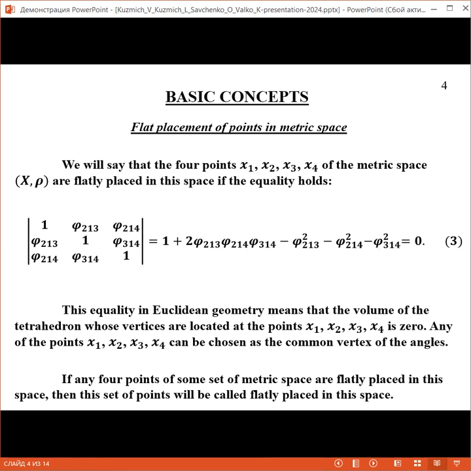The equality in Euclidean geometry means that the volume of the tetrahedron whose vertices are located in the points x1, x2, x3, x4 is 0. Any of these points can be chosen as the common vertex of the angles. If any 4 points of some set of metric space are flatly placed in this space, then this set of points will be called flatly placed in this space.